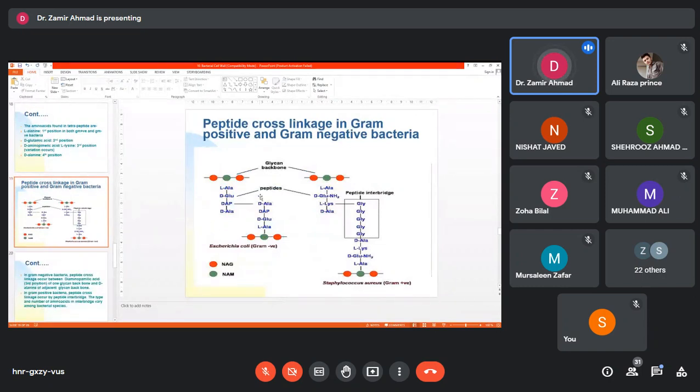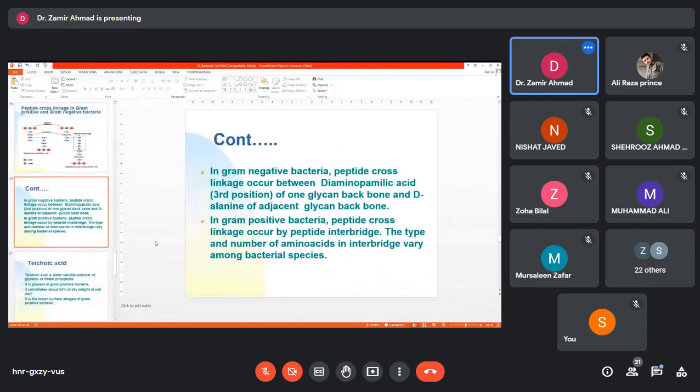This is just to show these peptide cross linkages and the sugar backbone in gram-negative and gram-positive bacteria.